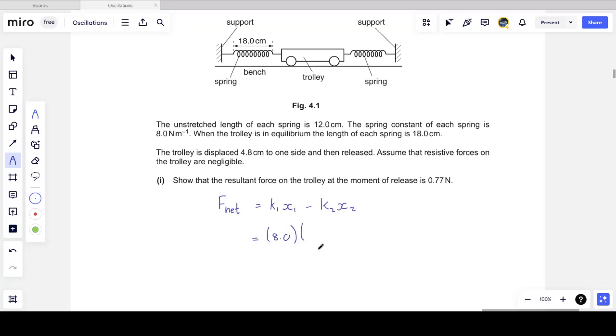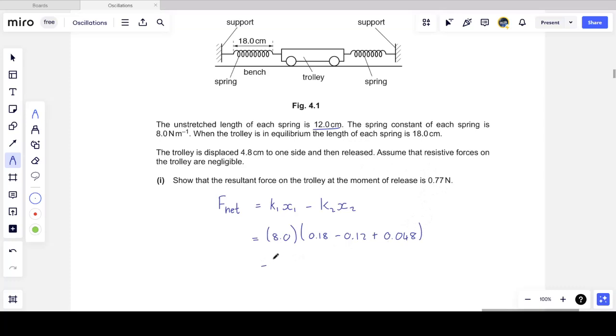For the displacement of the first spring, remember the x value is the extension of the spring. By how much is the spring extended from its unstretched length of 12 centimeters? That's 0.18, the equilibrium length, minus the unstretched length, plus 0.048 meters, the 4.8 centimeters that it's displaced by.